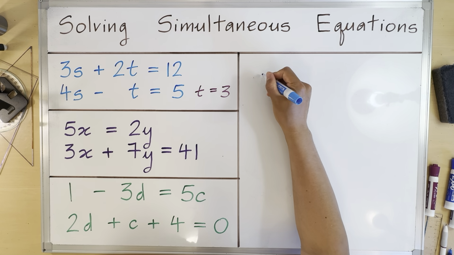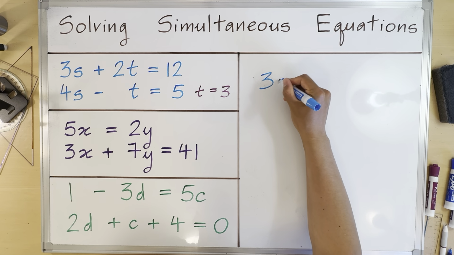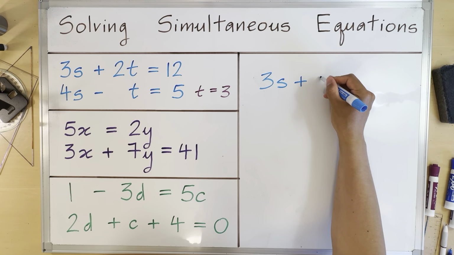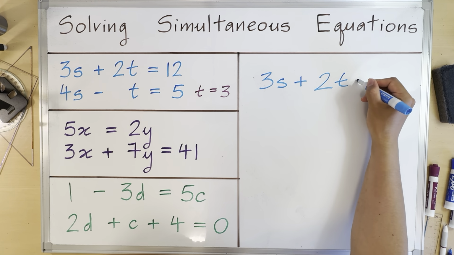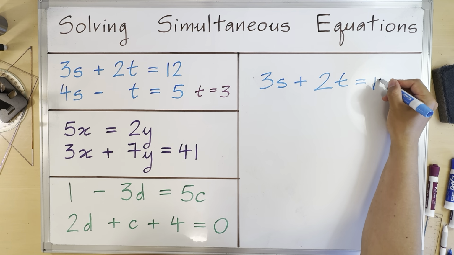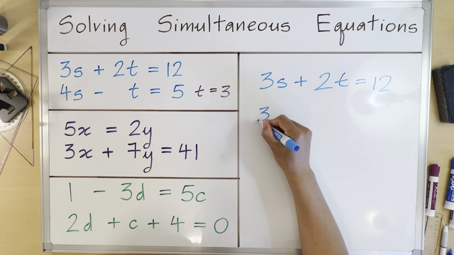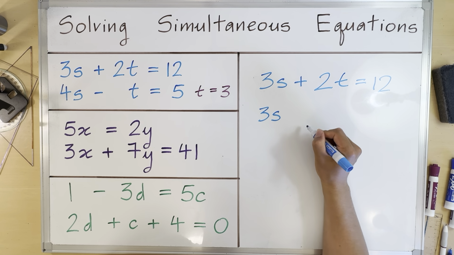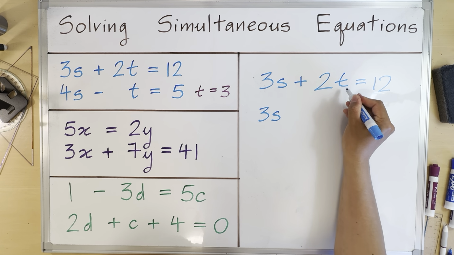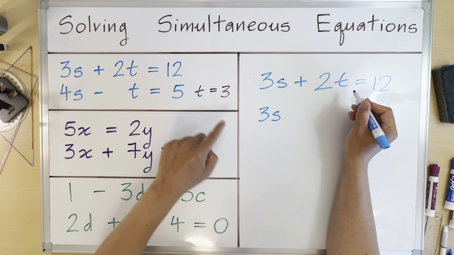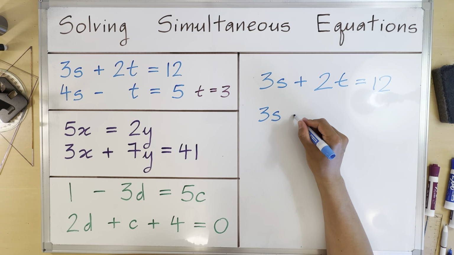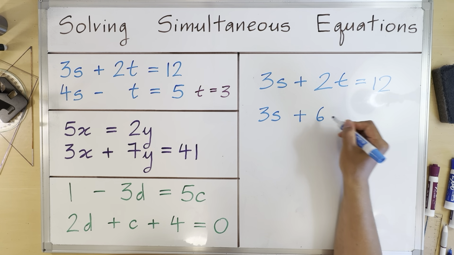So 3s plus 2t gives us 12. So 3s plus 2 times t is equal to 2 times 3, which gives us positive 6.